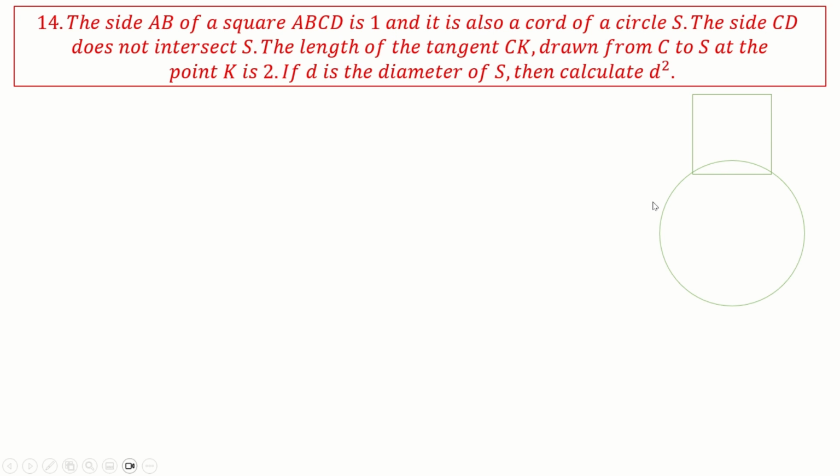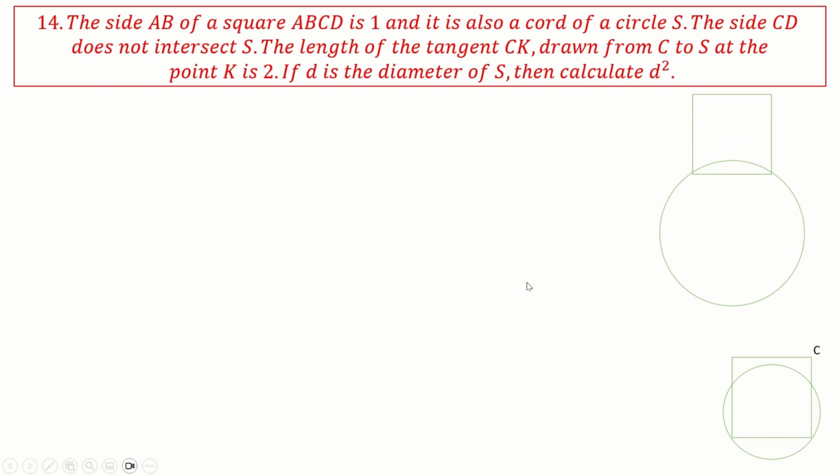If I draw a picture like this, I get a tangent to this circle which is more than the side, so this is a possible one. If I draw something like this, then the tangent from C to the circle is less than the side, so it cannot be like this. The square has to be more than halfway outside. This is the only possibility.